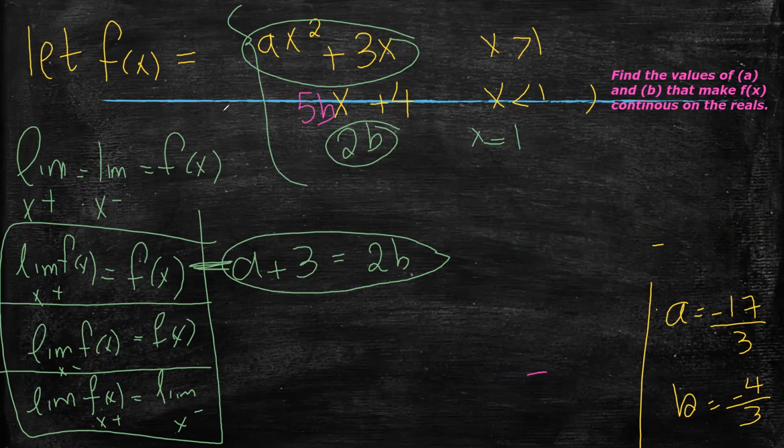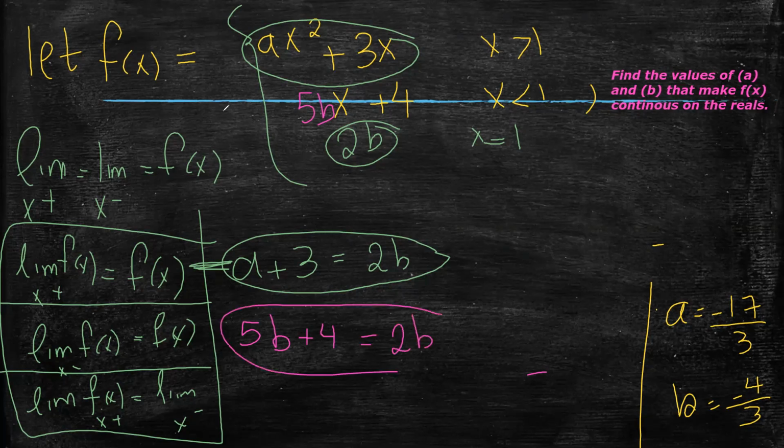So now the limit from the left was 5b times 1, which is 5b plus 4, equal to 2b. This will be my second equation, and this will be my first equation.